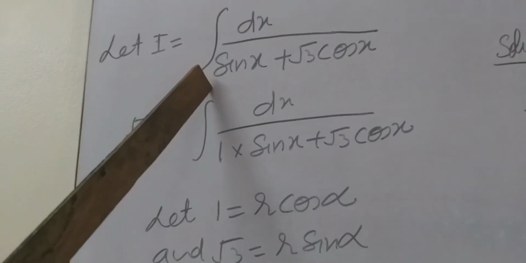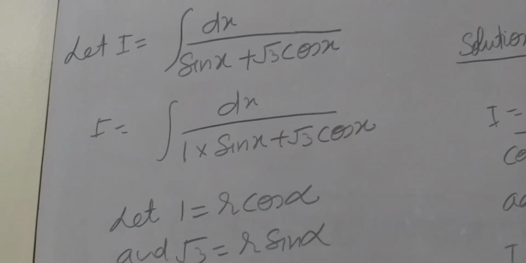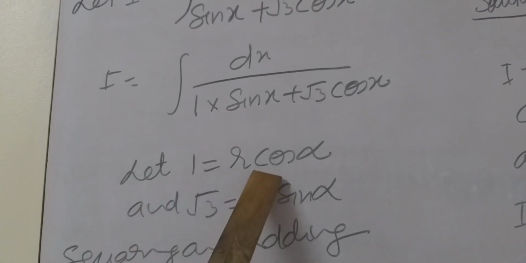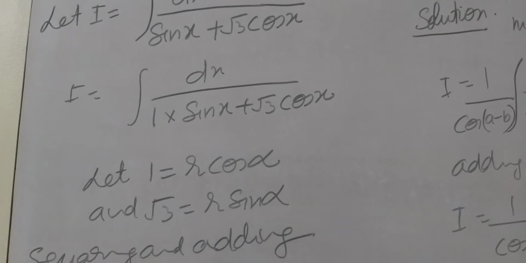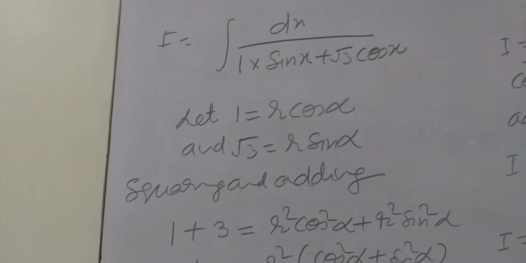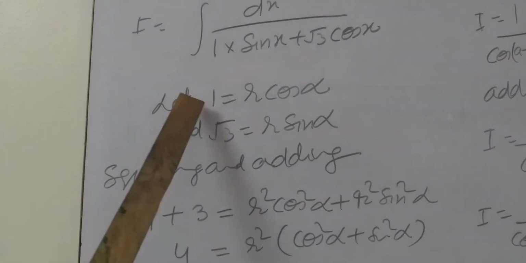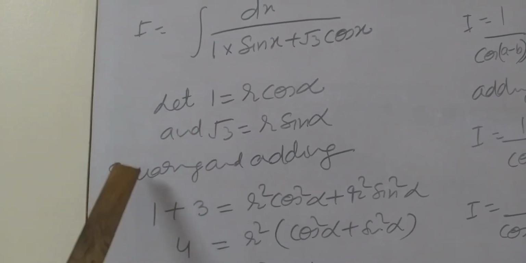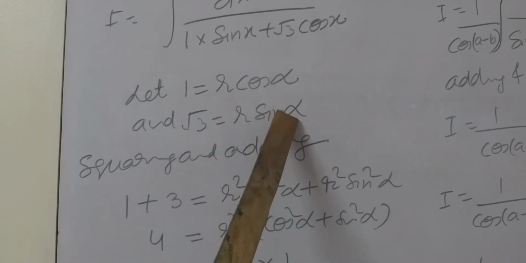To make this formula, let us write here 1 into sin x plus root 3 cos x. Now I am going to suppose 1 equals r cos alpha and root 3 equals r sin alpha. Squaring and adding, it will be 1 plus root 3 square, which is 3, equals r square cos square alpha plus r square sin square alpha.